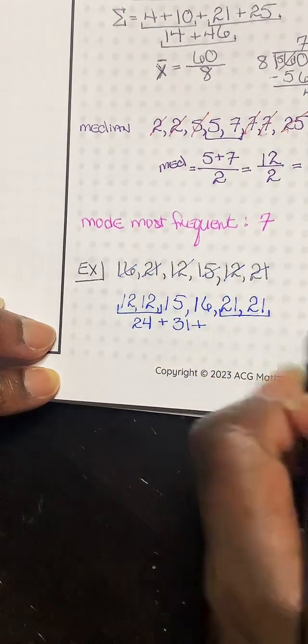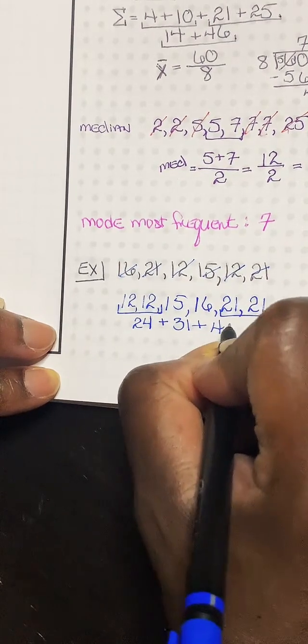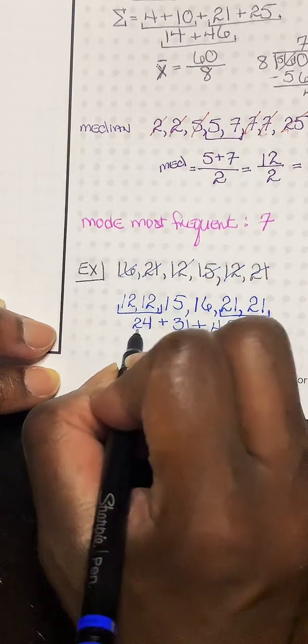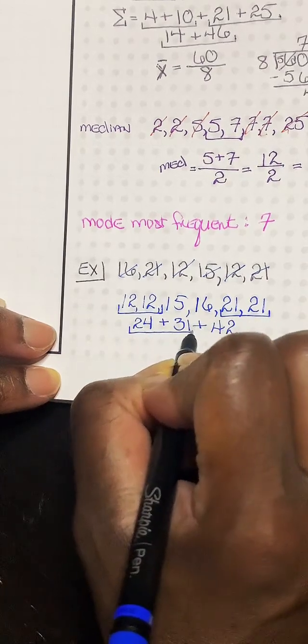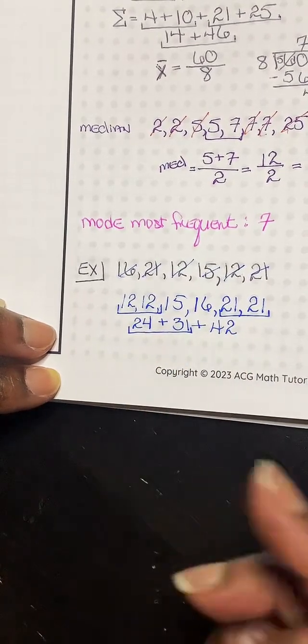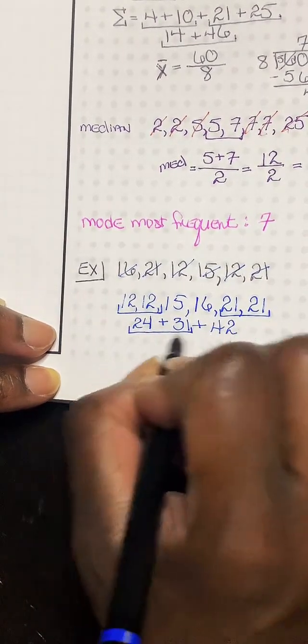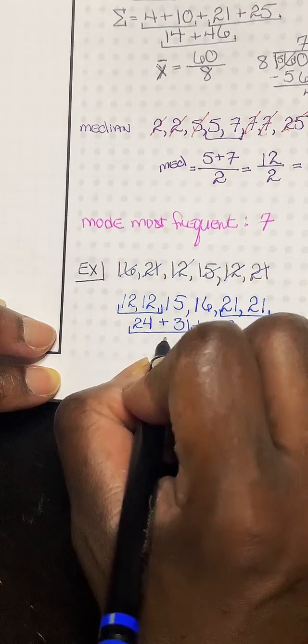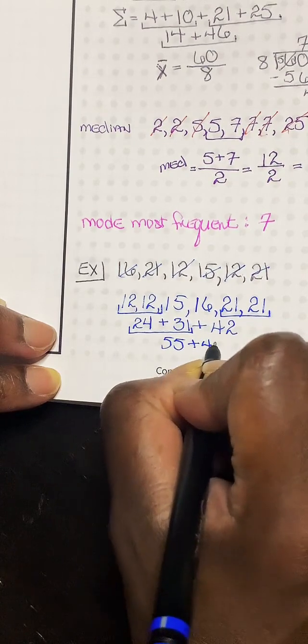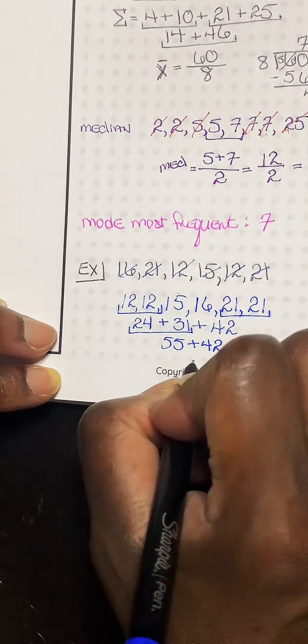And then 21 plus 21, that gives me 42. Just in case you want, you can add these together, you can add those together, you can add the ends together. It really doesn't matter. But in this case, I'm going to look at 55. And then 55 plus 42, that gives me a 97.